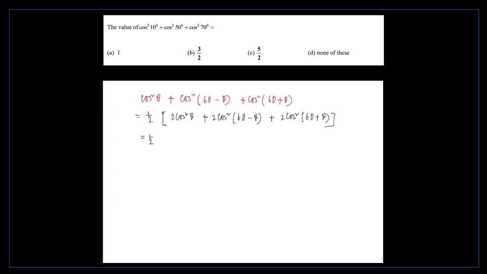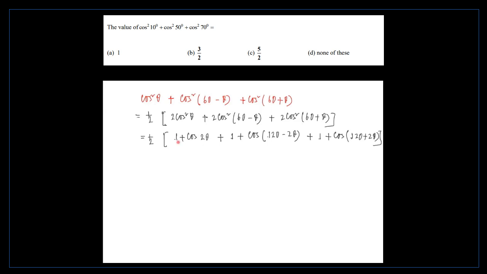We can write this as 1 plus cos 2 theta plus 1 plus cos 2 into 60 minus theta, that is 120 minus 2 theta, plus 1 plus cos 180 plus 2 theta.